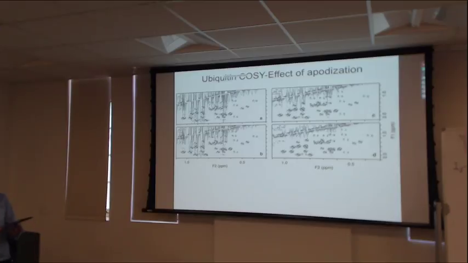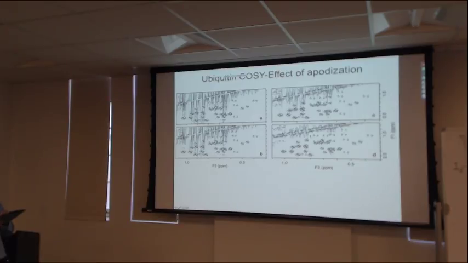In this particular case, a window function has been used that's designed to eliminate the dispersive tails. And you can see as I start to optimize that, the dispersive tails are going away. It's easier to look at peaks up close to the diagonal.